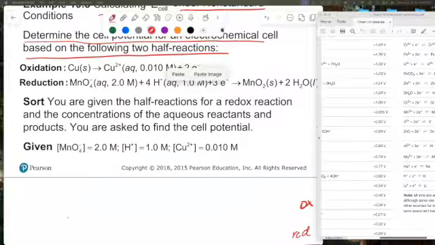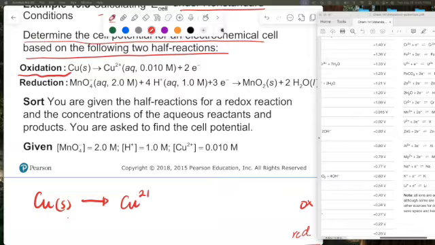So for that, you're going to look at this. We have copper solid. It tells you that's the oxidation, giving you copper aqueous. The concentration of copper aqueous is 0.010 molar. And here we're adding 2 electrons.